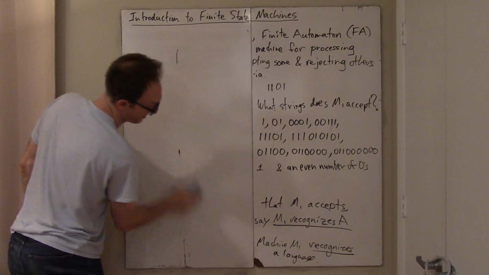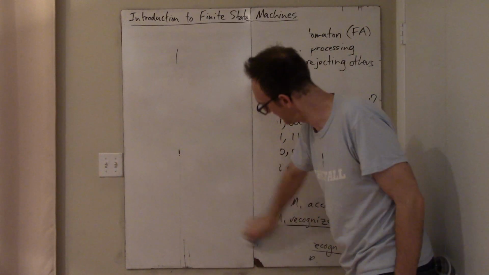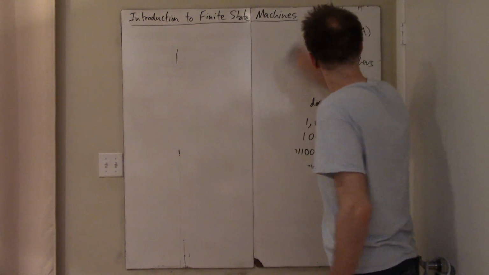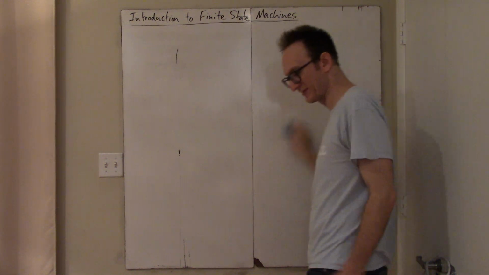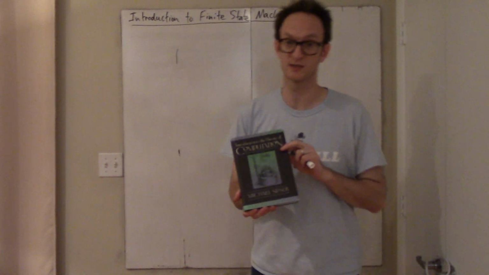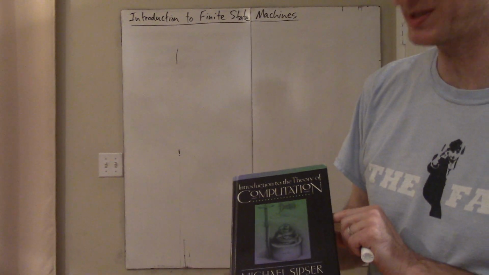And I should say that I think Gossett is pretty good in this chapter, but not as good as the kind of industry standard. My point of reference is this book, which I think is really great. It's called Introduction to the Theory of Computation by Michael Sipser.